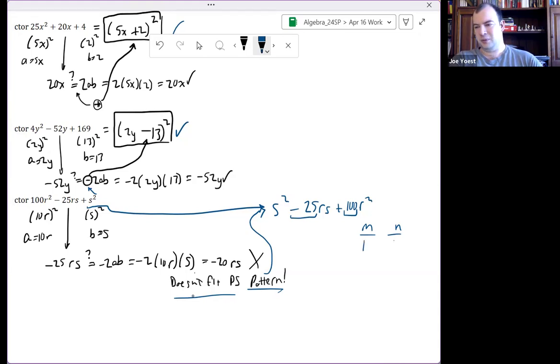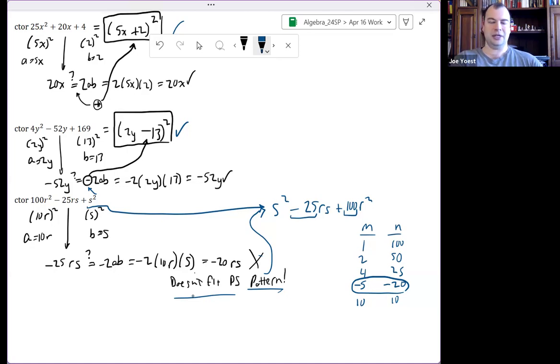So that might be like 1 times 100, or 2 times 50, or 4 times 25, or 5 times 20. Well, hey, that looks promising. Or, of course, 10 times 10. I need them to multiply to a positive number. They could both be negative.